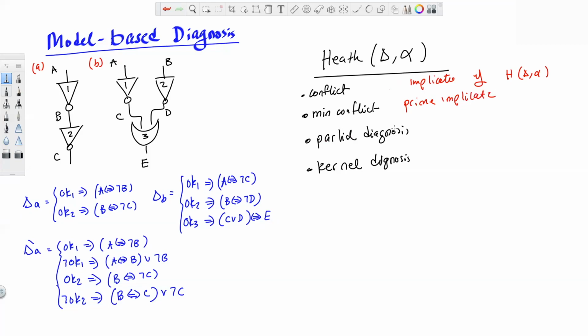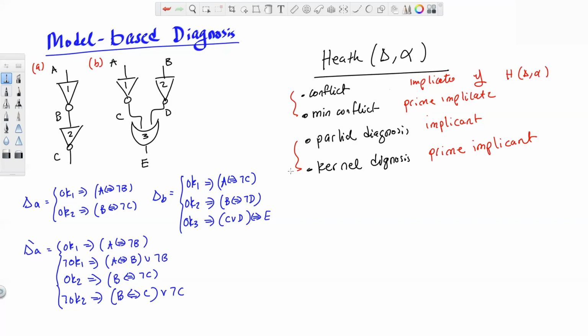What they call the partial diagnosis is an implicant. And what they call the kernel diagnosis is just a prime implicant. So in a sense, these notions, and you'll see a lot of examples for them in your chapter, are nothing but a rewrite of the health condition in a particular form.